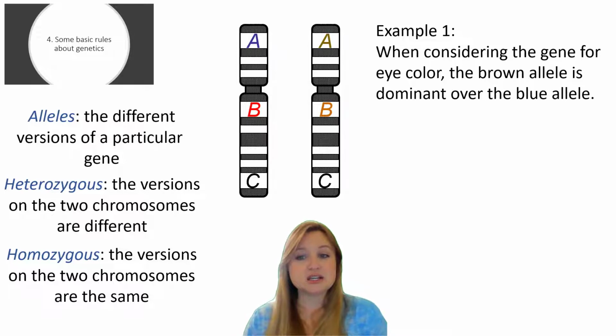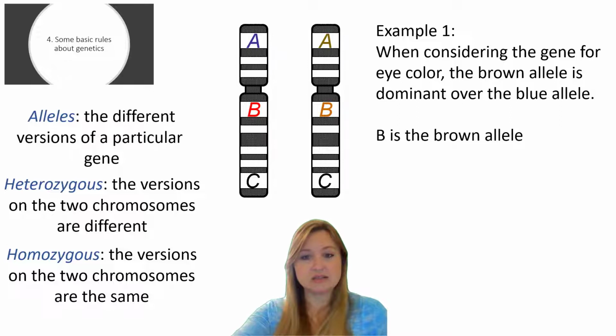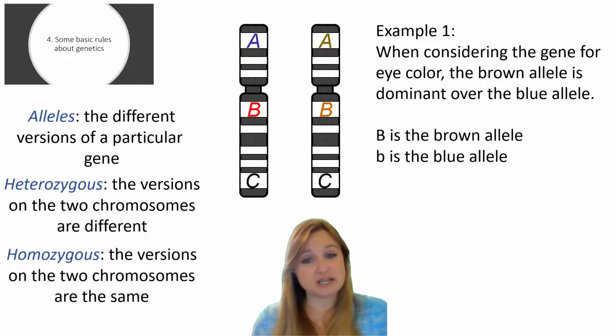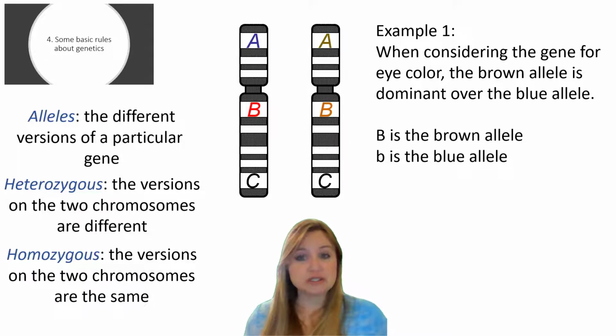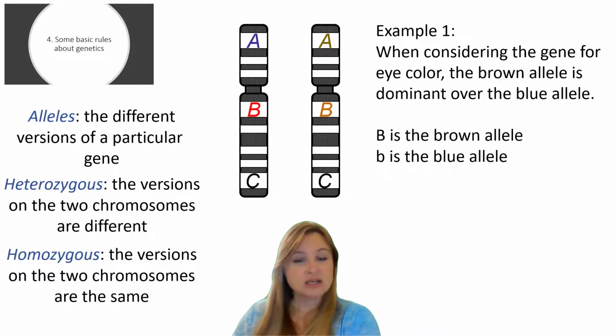When considering the gene for eye color, the brown allele is dominant over the blue allele. So we're going to use capital B to indicate the brown allele, and we're going to use lowercase b to indicate the blue allele. Now, why did we pick B? We picked B because the dominant allele is brown, and brown starts with the letter B.